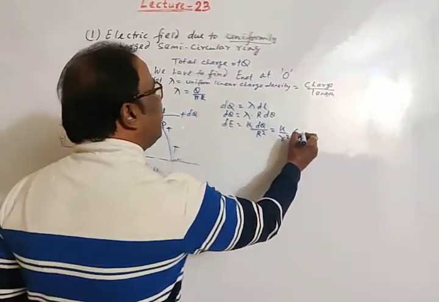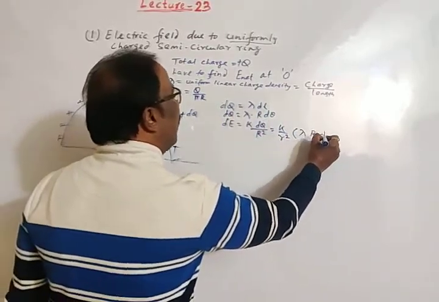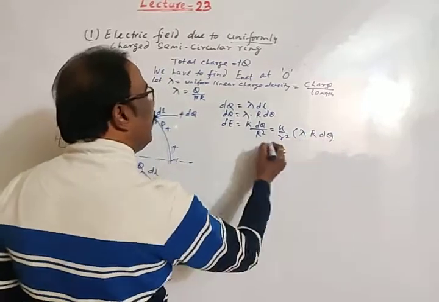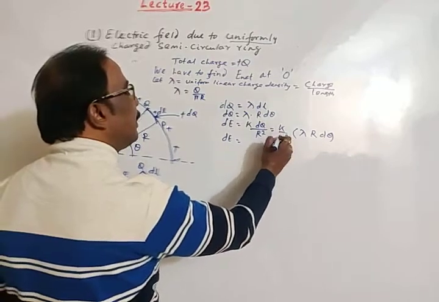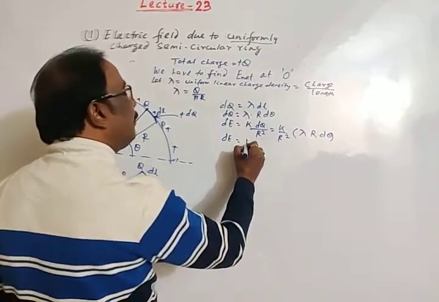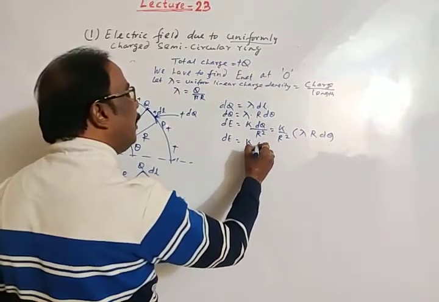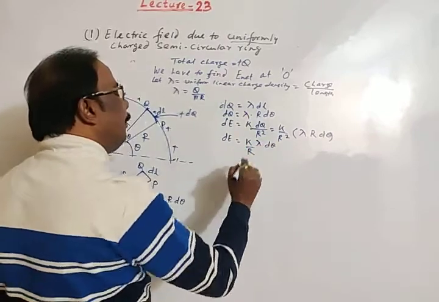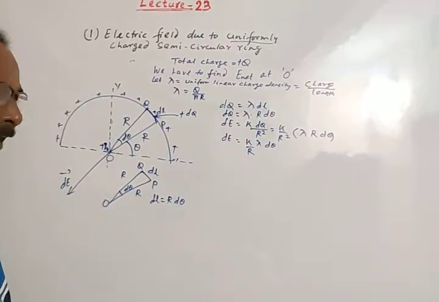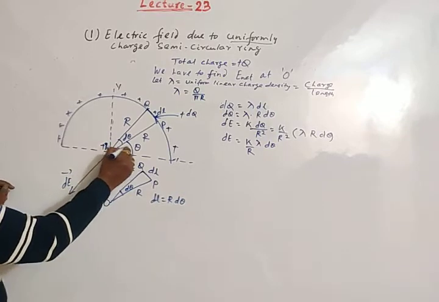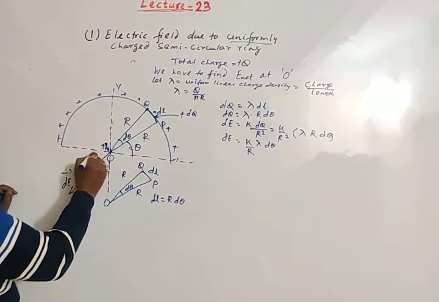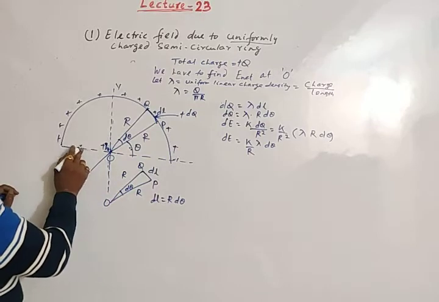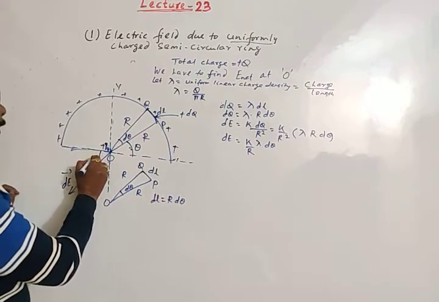In place of dq we can write lambda R d theta. Then electric field dE is equal to K by R into lambda into d theta. Okay, then if this angle is theta, see this is y-axis, then this angle is also theta.